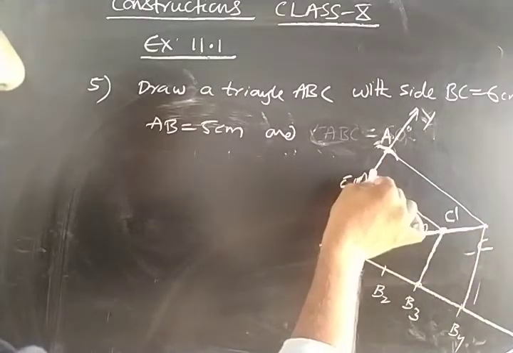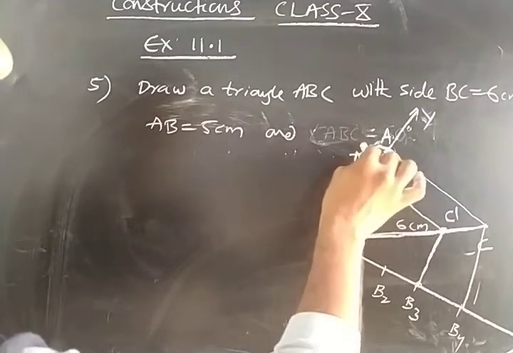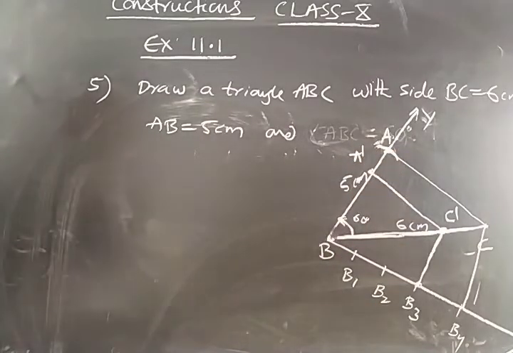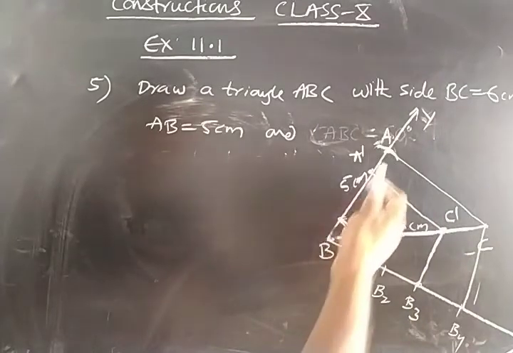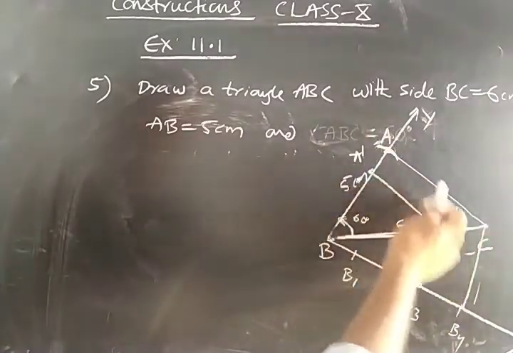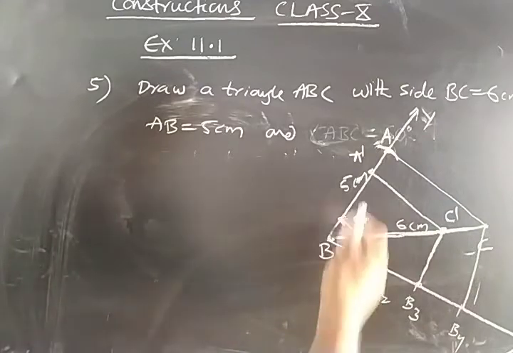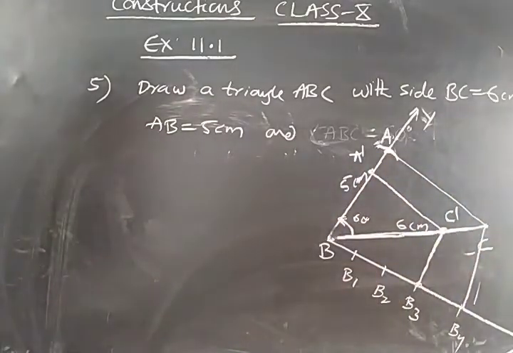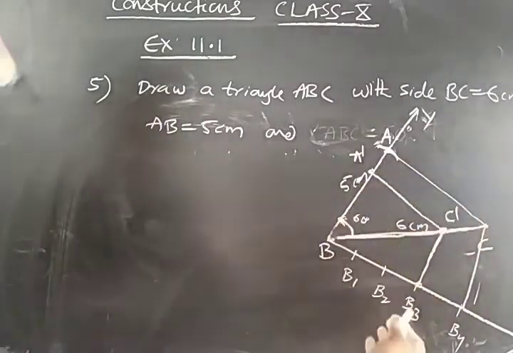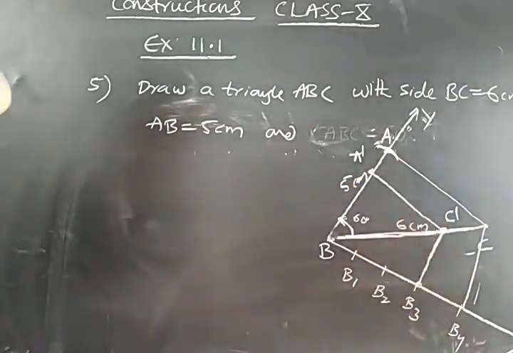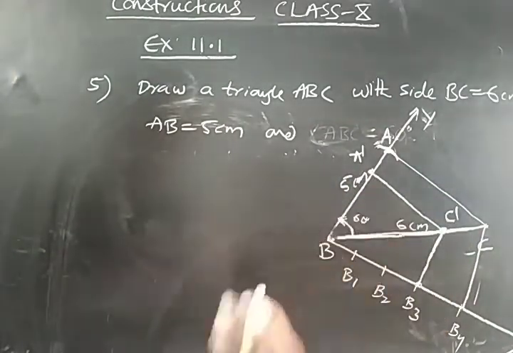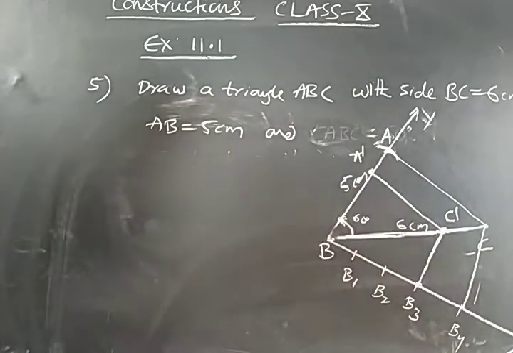It will meet AB at some point, take that point as A dash. Now newly constructed triangle A dash C dash B is similar to ABC, whose sides are 3/4 of the triangle ABC. So we can justify this, already we did how to justify. So we can write the steps first of all, then after we have to justify it.